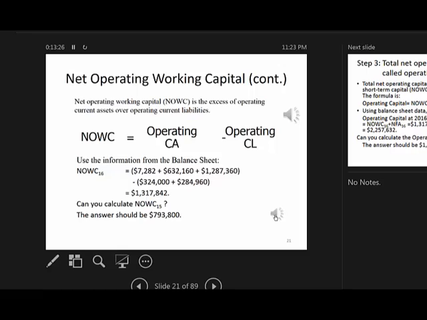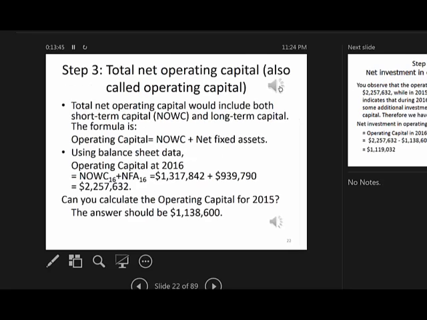That is the net operating working capital as of 2016. If you follow the same formula and calculate the NOWC for 2015, the result should be about $793,800.